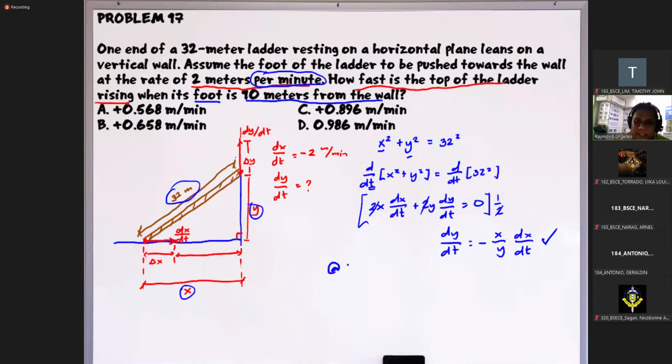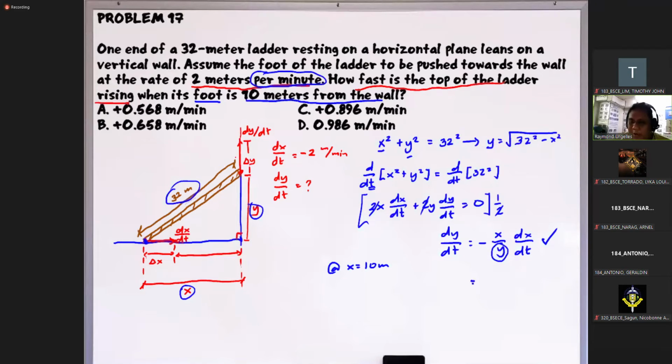So at the instant that x is equal to 10 meters. Kasi dinefine natin, yung distance natin from the foot of the ladder papunta dun sa base ng wall natin is x. So yung given na 10 meters is x. Therefore, kailangan pa natin si y. Saan natin ito masasolve? Dito. Diba? Kasi from here, y can be written as square root of 32 squared minus x squared.